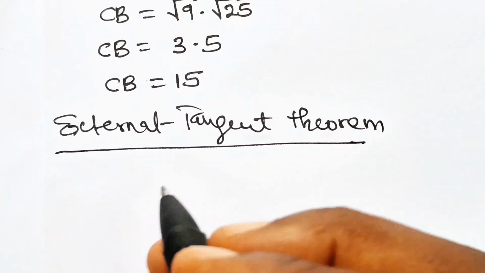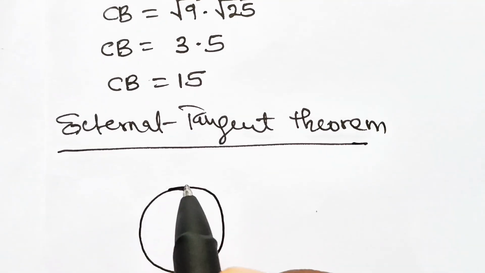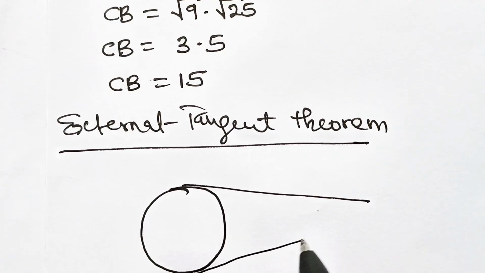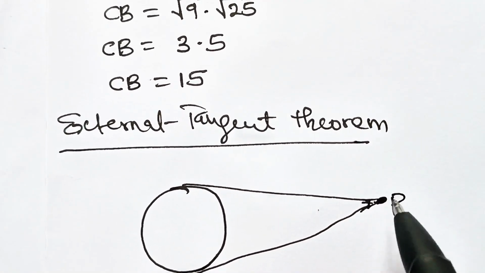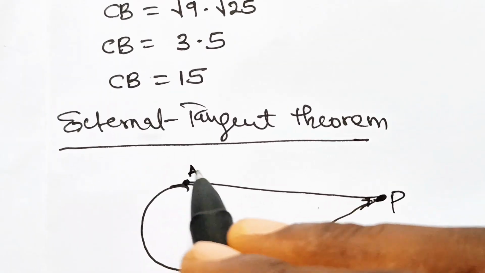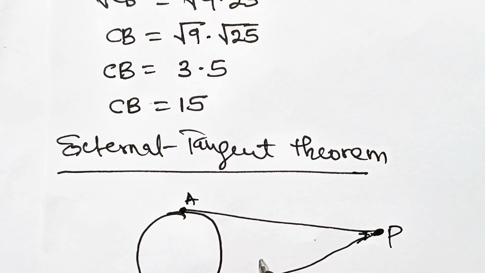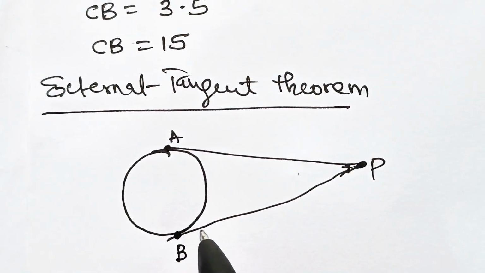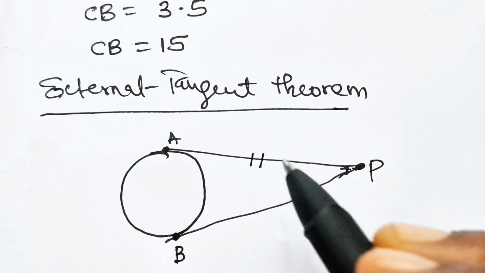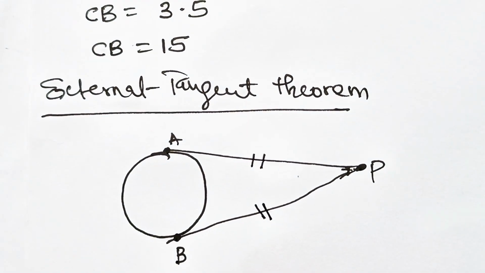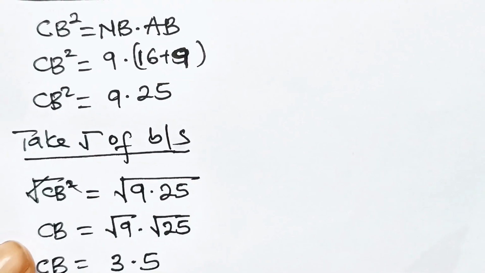This theorem says that if a circle has two tangents that meet at a point, let's call this point P, and let's call these points of contact A and B, this external tangent theorem states that AP is equal to BP.